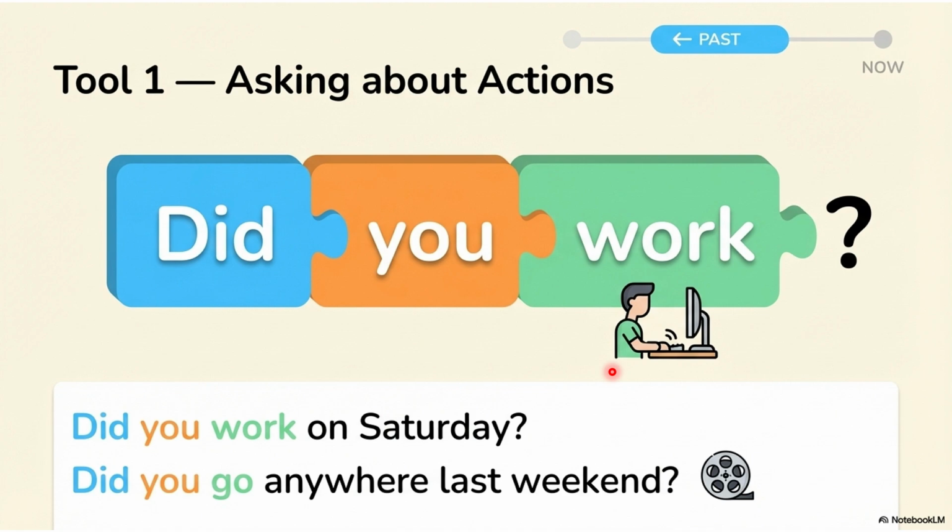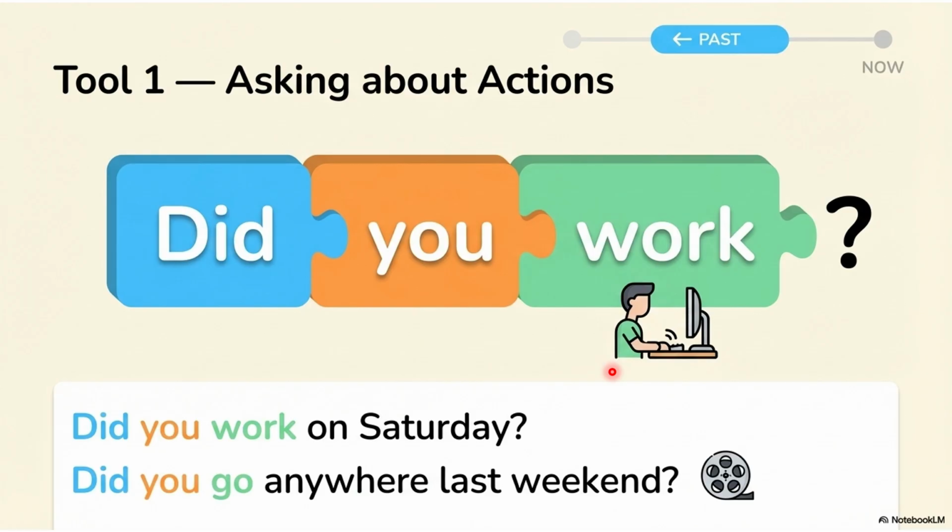Okay, so here we have two tools for the past. We can use did for actions, like run, walk. Those are actions. Or we can use it for descriptions, like in the case of was and were.